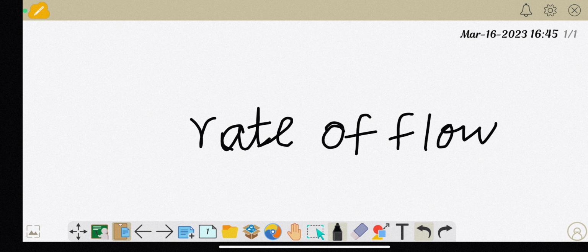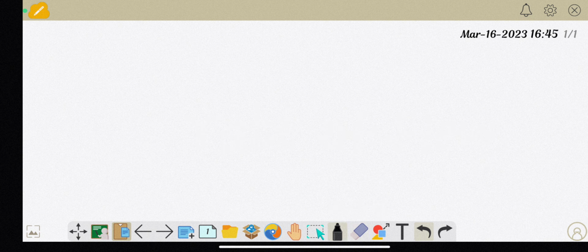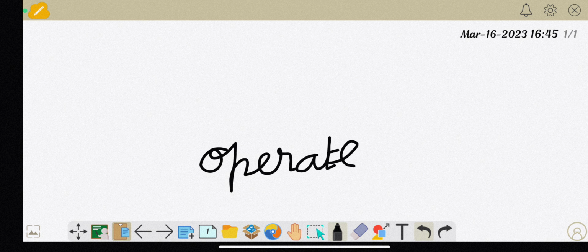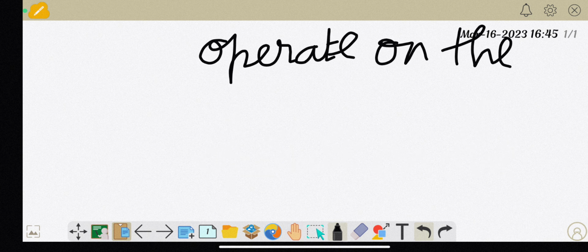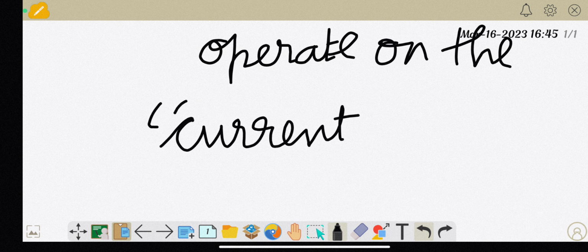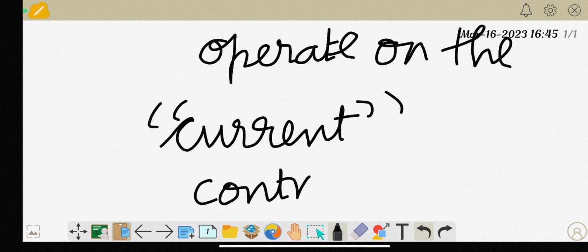Now why do we have to study this topic? Because in our daily life we come across some devices, and those devices operate on current. This current is supplied in a controlled manner.